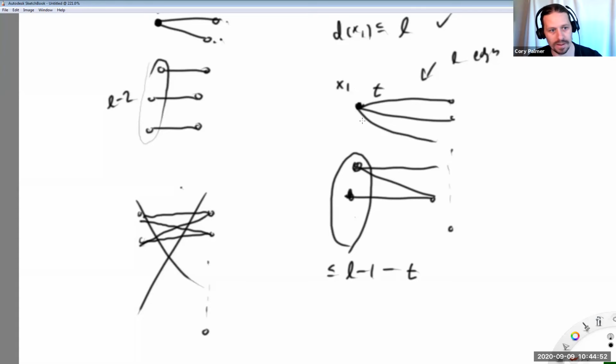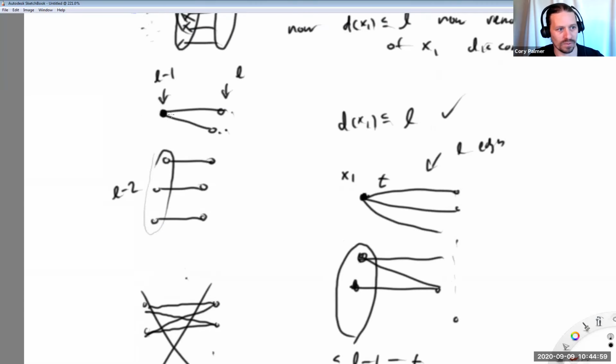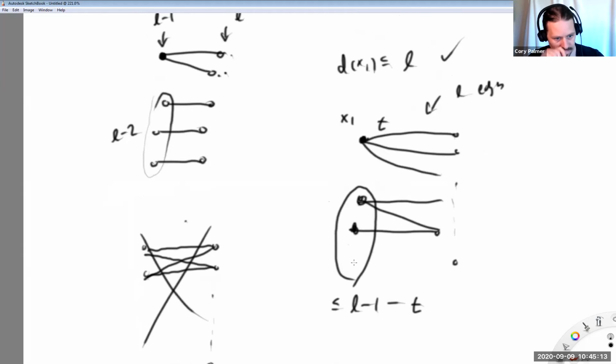Then it's just an analog of this picture here, right? When x1 had 2 neighbors here, I reduced this set by 1 more. It was 1 less for this vertex and 1 less for the extra edge here. So if I have T edges here, I reduce this set. Sorry, it should be L minus T.